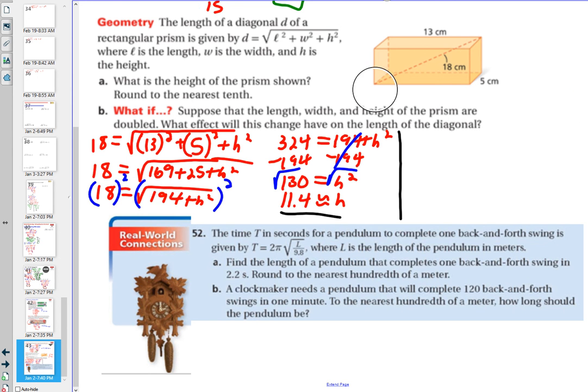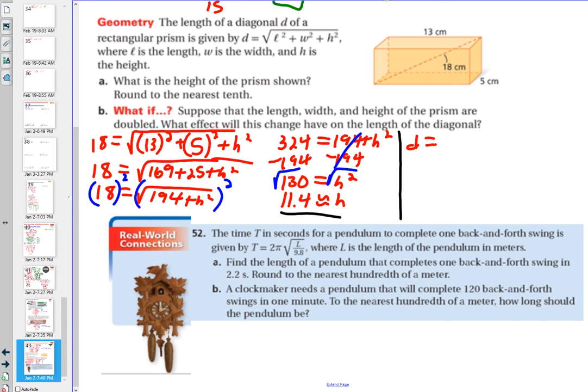They were asking about the diagonal, right? I don't like rounding. I don't like rounding at all. I especially don't like rounding before I'm done. But one of our dimensions, this height, is rounded. So I could go back and use the square root of 130, but then I'd be putting a square root inside of a square root, and I'm going to confuse you.